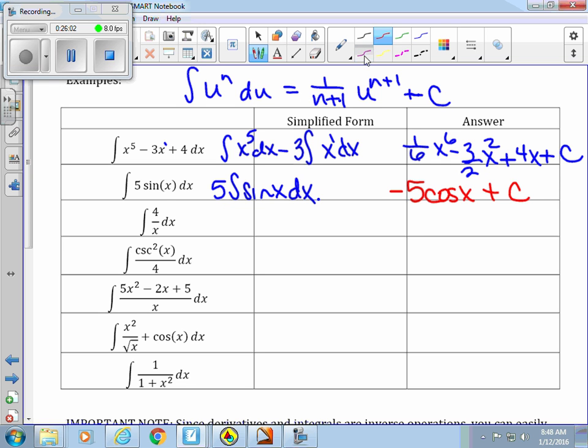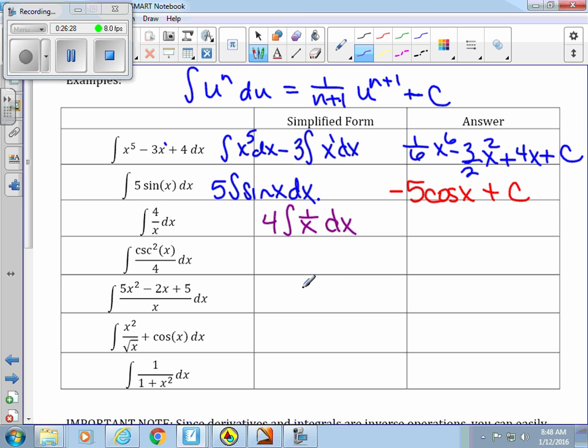Okay, I'm going to rewrite this one. This is probably the most commonly messed up integral because everyone wants to make it a power rule. But if I rewrite it, 4 times the integral of 1 over x. What is the very special rule for 1 over x? What is 1 over x the derivative of?